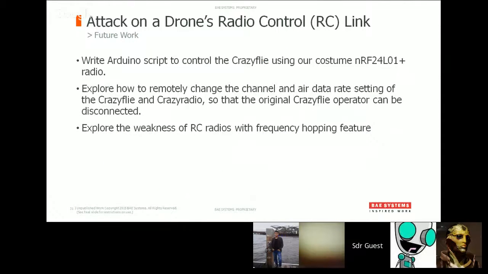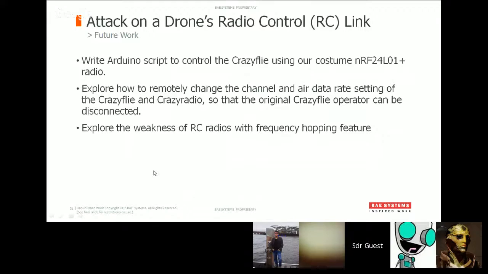Okay, and that's what I have done so far. In the future, I'm planning to write an Arduino script to automatically control the Crazyflie using our own NRF radio, and hopefully in the future I can find a way to remotely change the setting of the drone operator's transmitter to disconnect the drone operator from the drone, as I did in the second test.